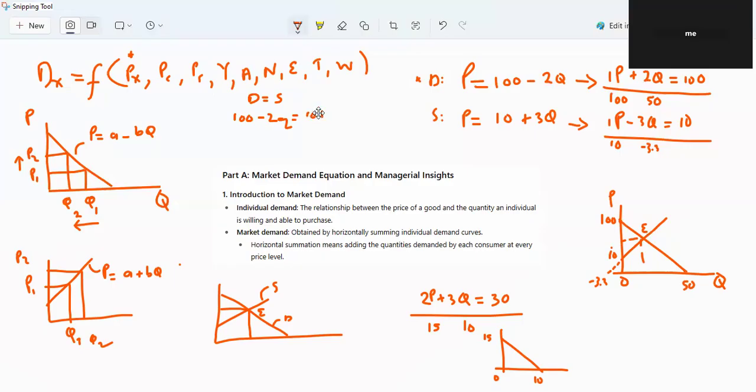So we want to calculate our equilibrium quantity and our equilibrium price. So we are fulfilling the law which says at equilibrium demand is equal to supply. So here we put the numbers on one side. The 100, when the 10 goes aside, it will subtract, minus 10. What happens to the 2? When it goes aside, the 2 will be positive. It will add to the what? To the 3.